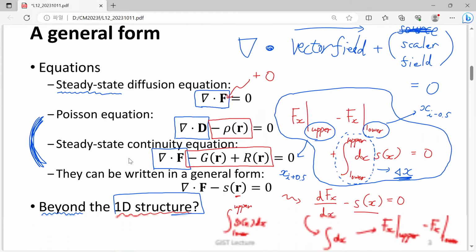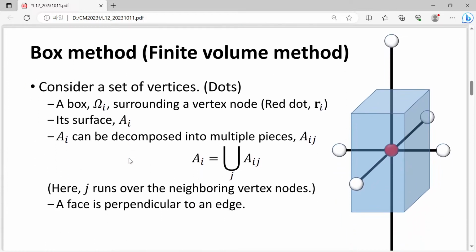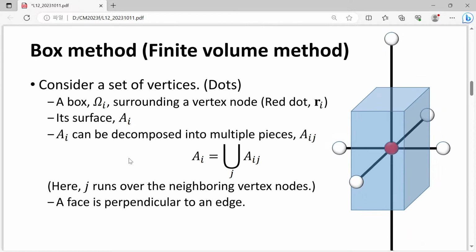So now let's go to the more detailed discussion. Although we call it the box method or box integral method in this field frequently, the more formal term for this method is the finite volume method. This is not related to the finite element method, but to the finite volume method. In order to apply this method, first of all, we have to predefine a set of vertices, here shown as dots.